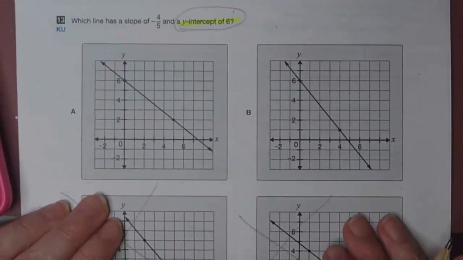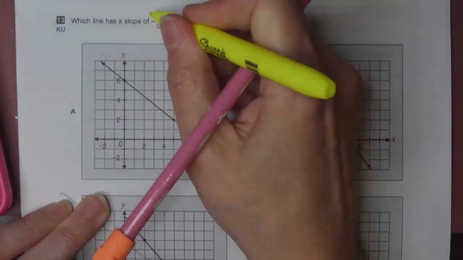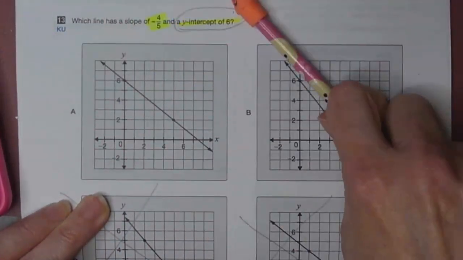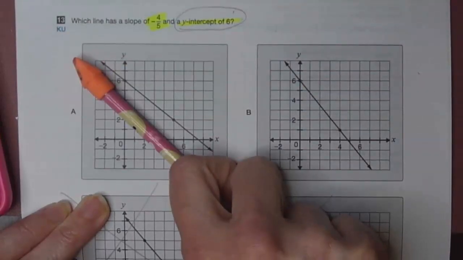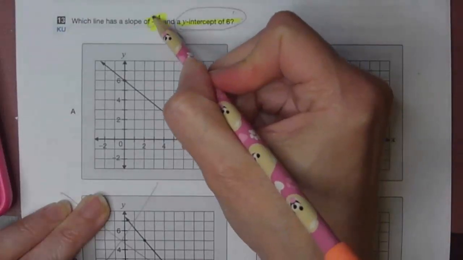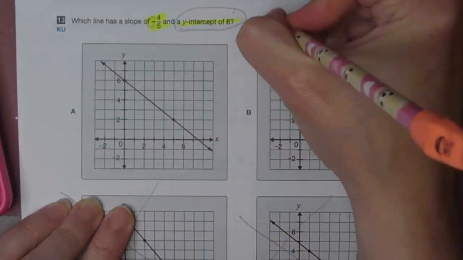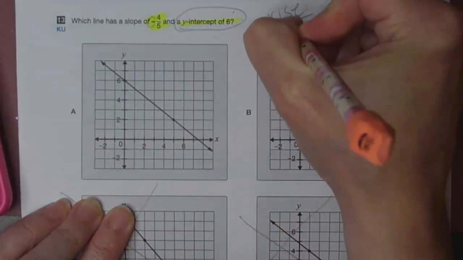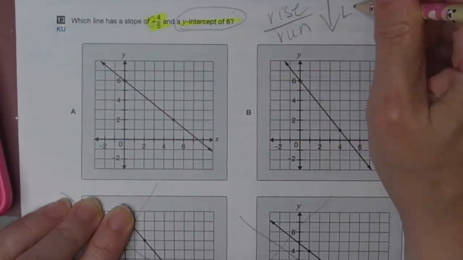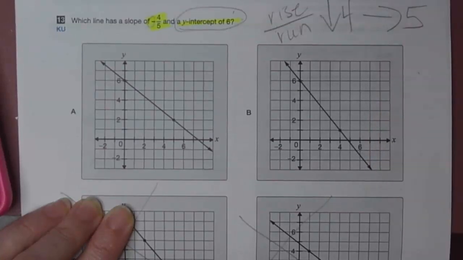Now we have to look and go, okay, and it has a slope of -4/5. Well, I can tell that they both have downward slopes. I can see that they're both lines going down, so I know it's a downward slope, and I can see that because it has a negative. So remember, slope is rise over run. So it's going to go down 4 and over 5.